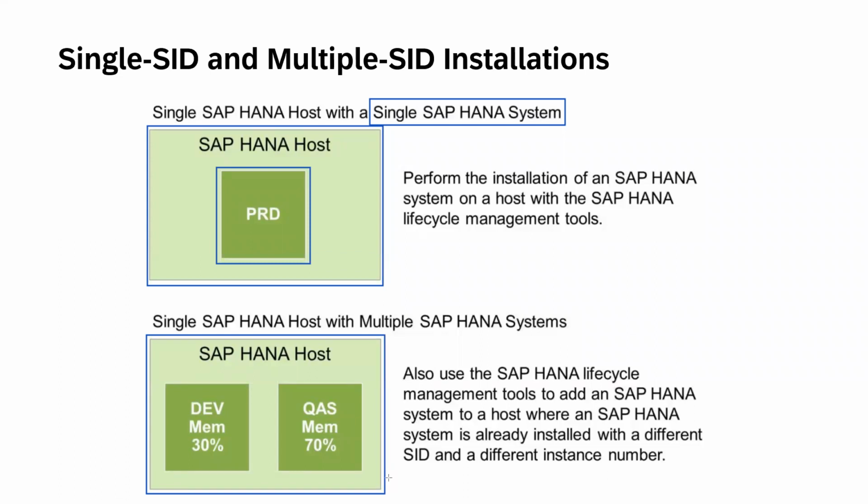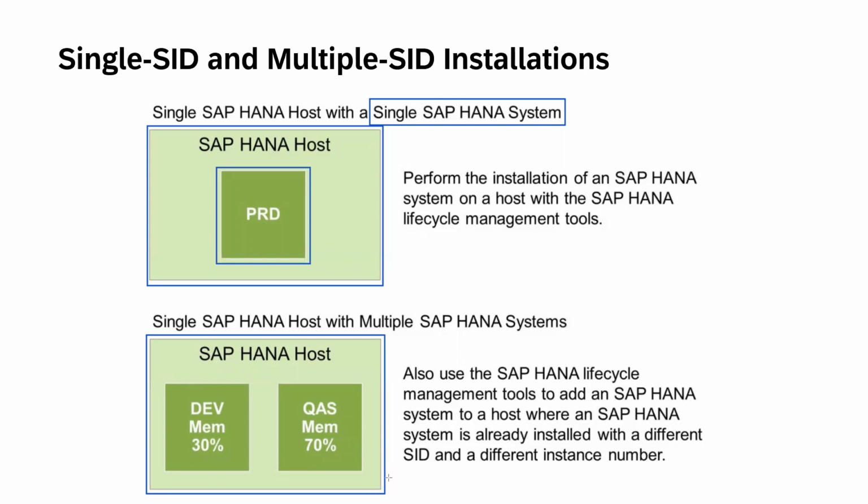Where is this required? As I told you, for the appliances, they come with a high amount of memory. For example, you buy appliances with 512 GB, or you buy an appliance with 1 TB of memory. Now you would not deploy only one instance on that 1 TB appliance. So to utilize that memory, you will install multiple HANA SIDs into that.